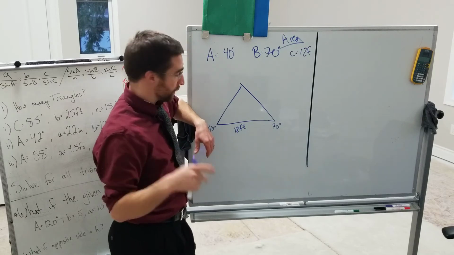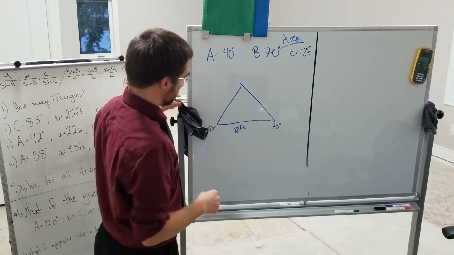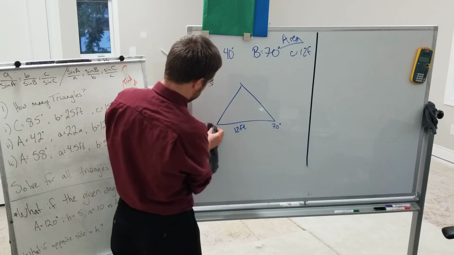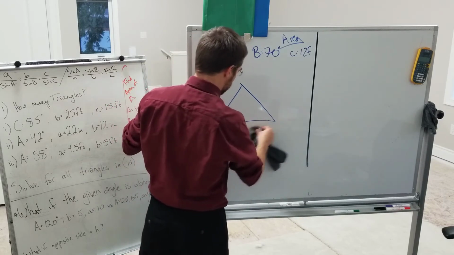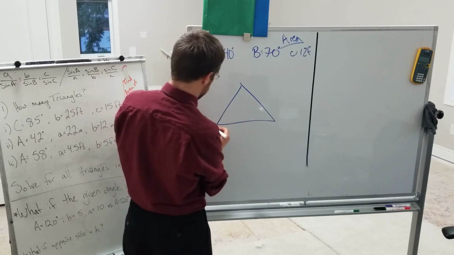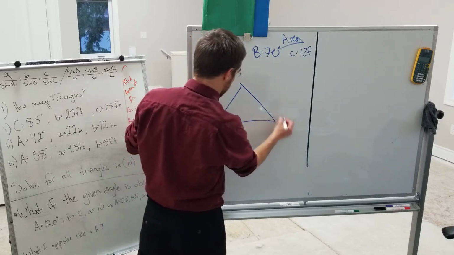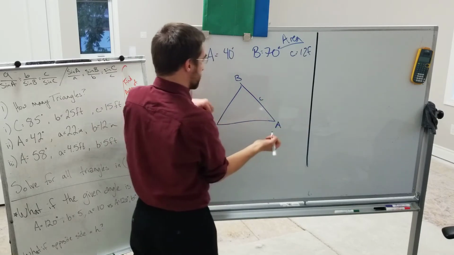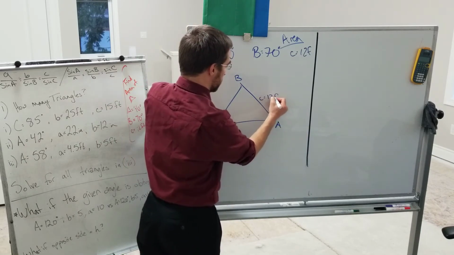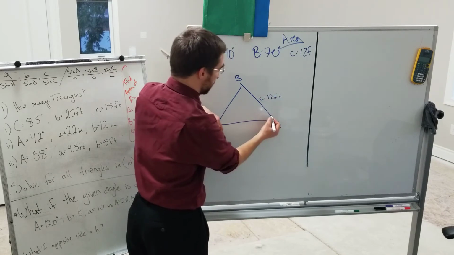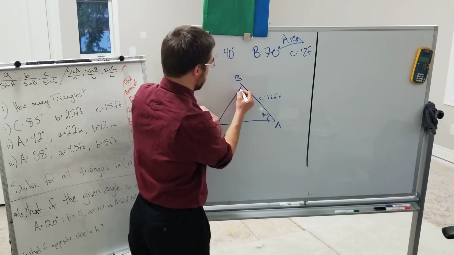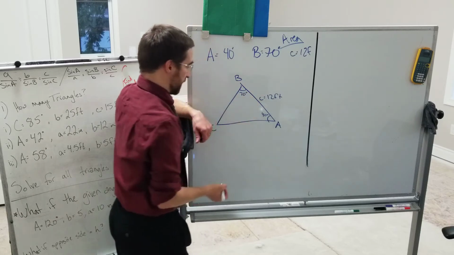You know what? I'm going to rotate this. Doesn't really matter, but I'm just going to rotate it. So we've got C, A, B. I'm going to put side C here as 12, just to make it easier to work with. We're going to have 40 degrees here, 70 degrees there.